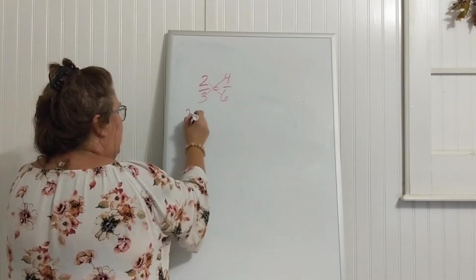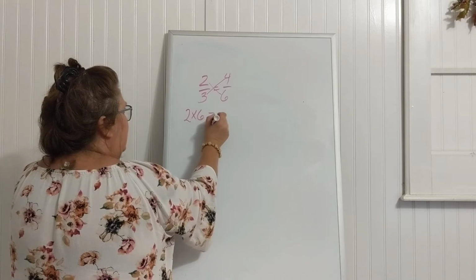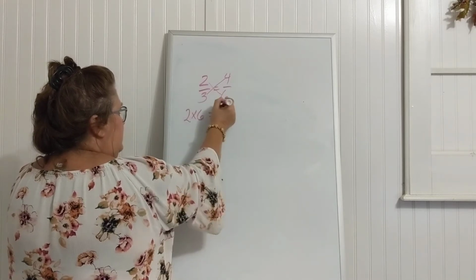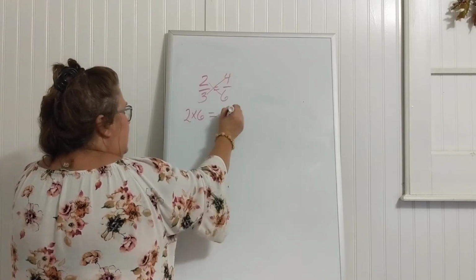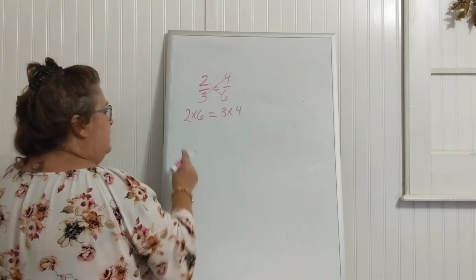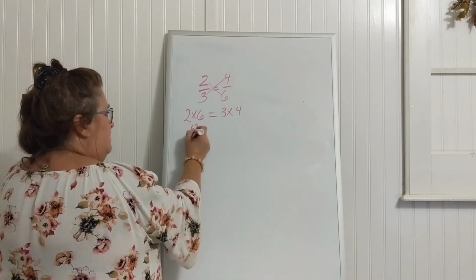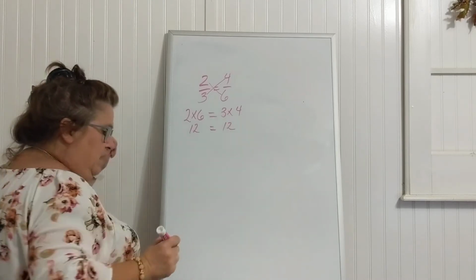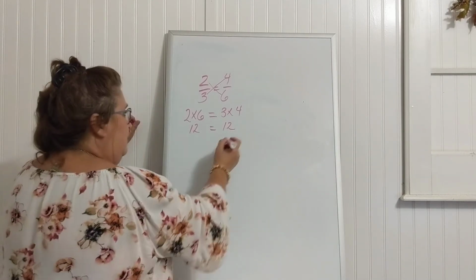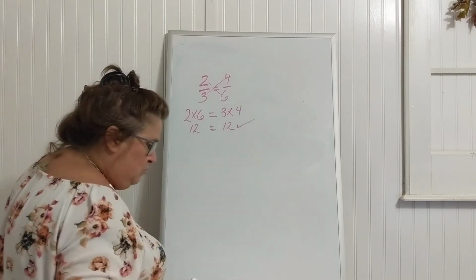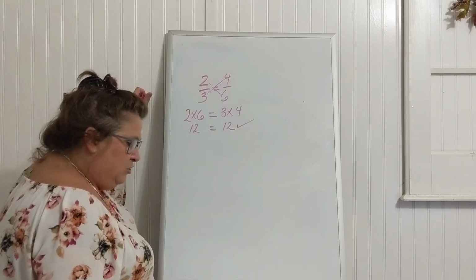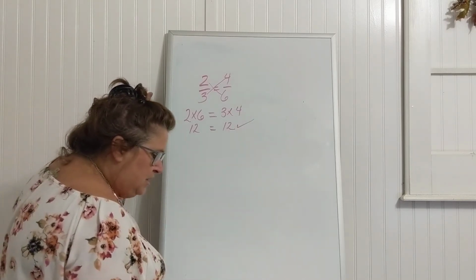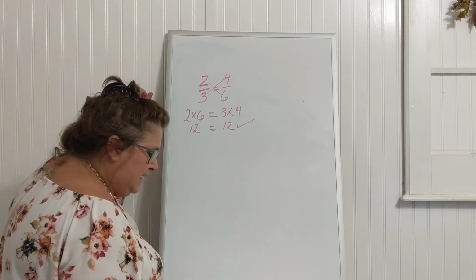So we're going to say 2 times 6 equals 3 times 4. What is 2 times 6? 2 times 6 is 12. What is 3 times 4? 3 times 4 is 12. So, is that true? 12 equals 12? Absolutely. So you put a check beside it. And you have checked the equivalent fractions by cross multiplication.